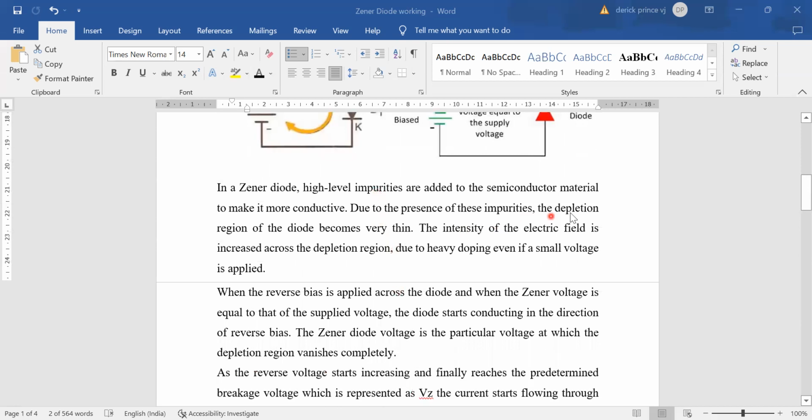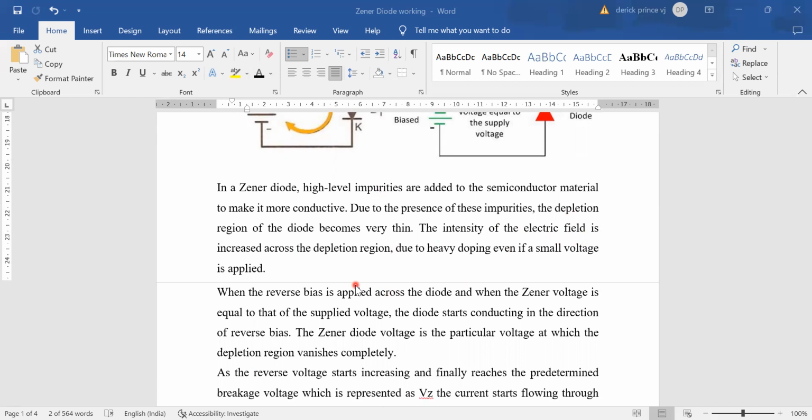Due to the presence of these impurities, the depletion region of the diode becomes very thin. The intensity of the electric field, this is important. The electric field is increased across the depletion region due to the heavy doping. So even by a small applied voltage, we get a Zener voltage, a consistently constant voltage.